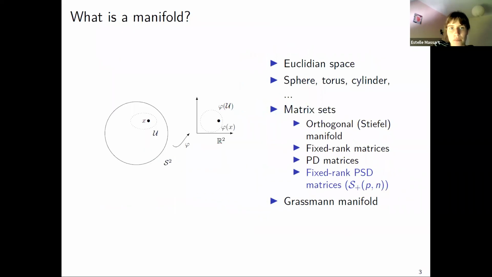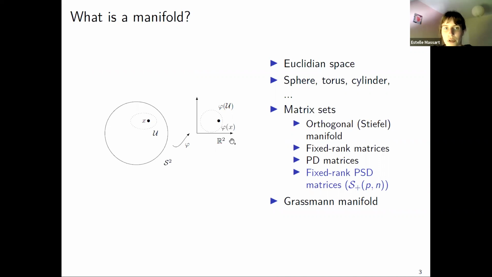So what we suggested them to do was to work on manifolds. So essentially a manifold, I will not go in a detailed explanation, but you can just think about it as a set that locally looks flat. So for example, a classical example is the sphere. So it's a set that you can map locally through a set of bijections that have to satisfy some conditions and to some open set of the Euclidean space.